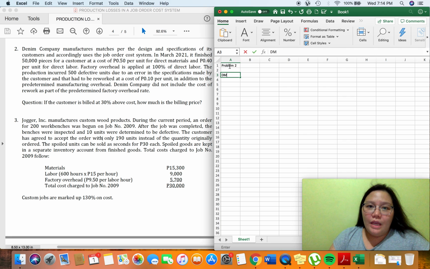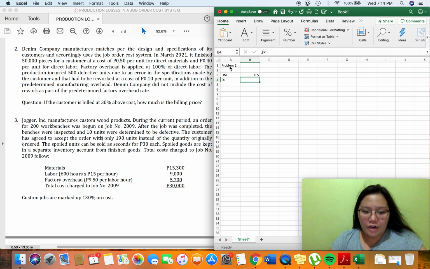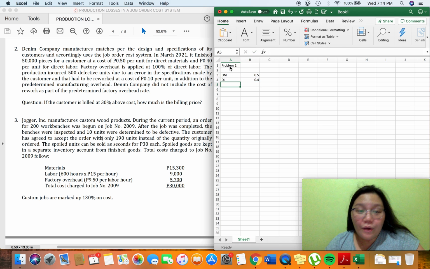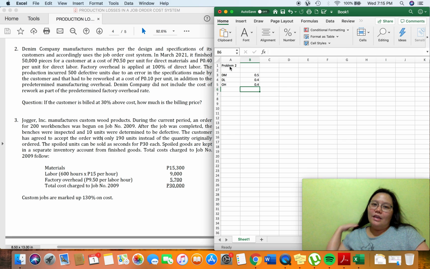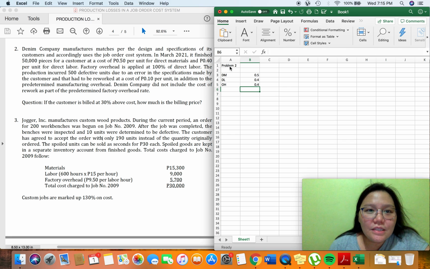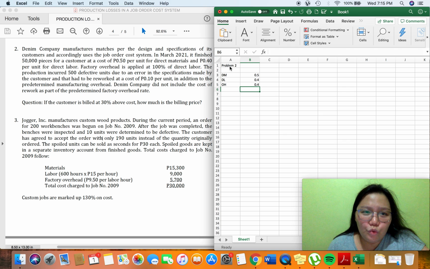We have direct material, 0.5, and then direct labor, 0.4, and for our factory overhead, it is equal to 100% of direct labor, so that is equal to 0.4. It was specifically mentioned in the problem that the predetermined overhead rate does not include the estimated rework cost.